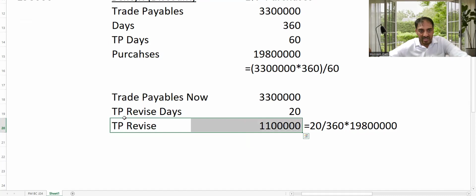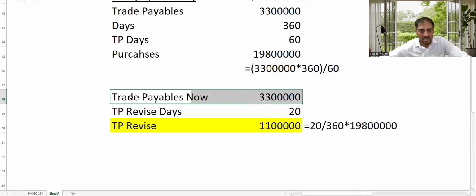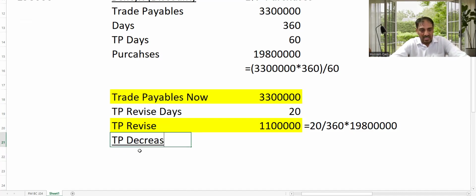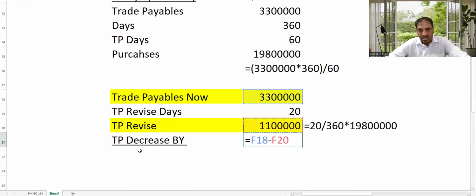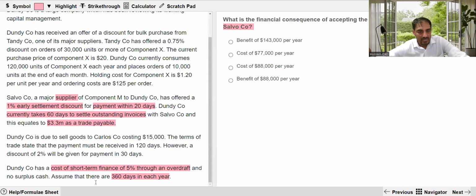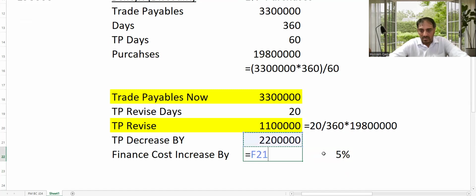So you need to compare this trade payable. Trade payable decreased from the previous level of 3,300,000 minus 1,100,000, that's a decrease of 2,200,000, and finance cost increased by 5% on it. This is the finance cost.